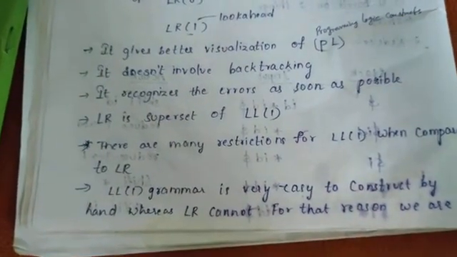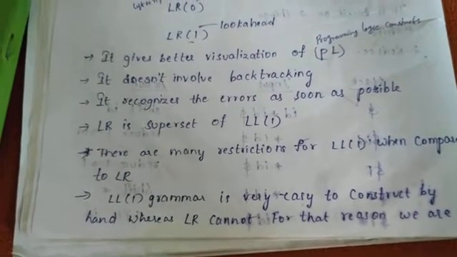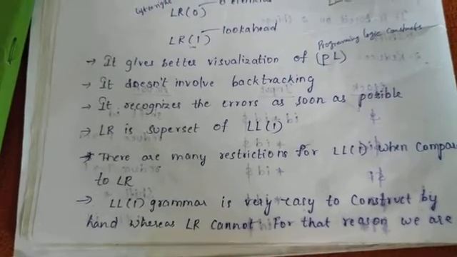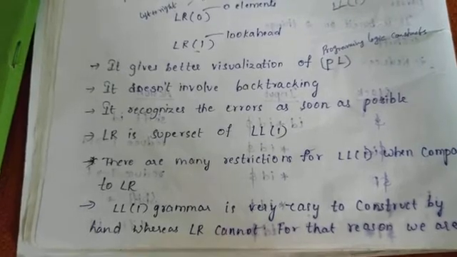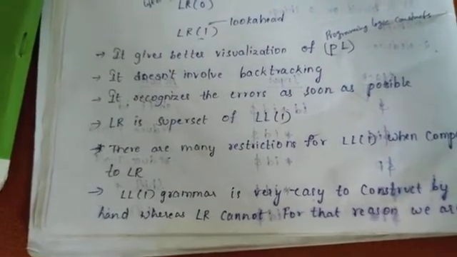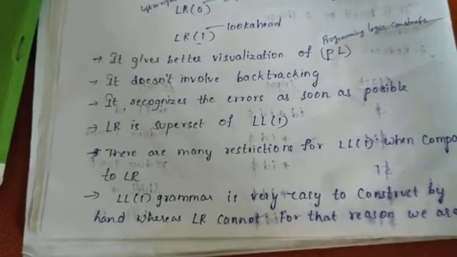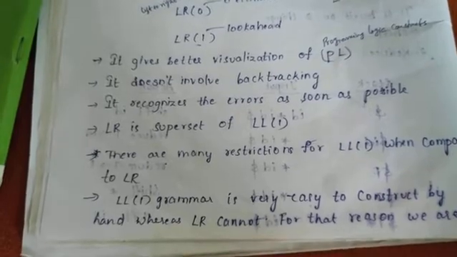The next one is that it recognizes errors as soon as possible, better than LL1 parsers. LR parsers can produce errors earlier than LL1 parsers, and this is a superset. That means LL1 is a subset of LR parsers, and LR is a superset of LL1 grammar.